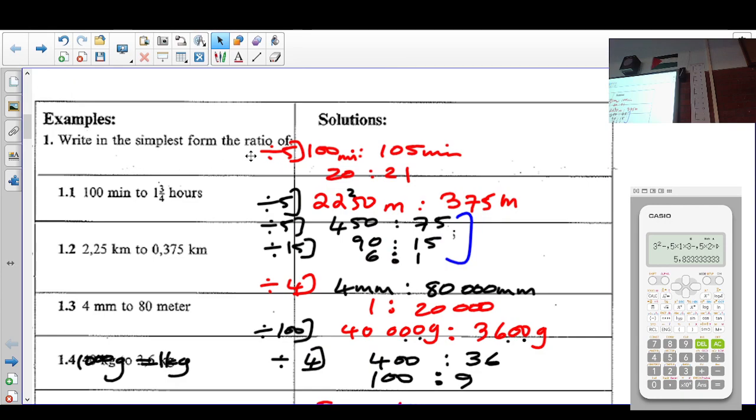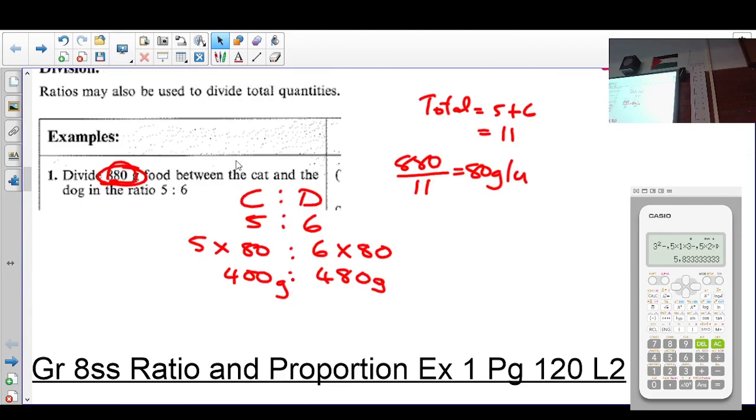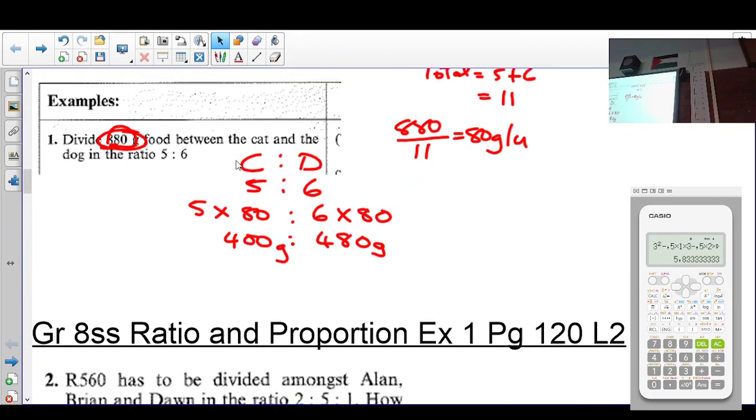So there we were simplifying the ratio. The focus is different here. The question says, divide 880 grams of food between the cat and the dog in the ratio 5:6. So it's not asking you to simplify the ratio. The question is to divide the food in that ratio. You see the difference? Any other questions?